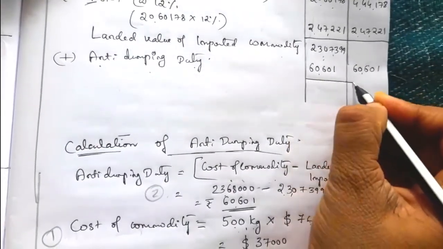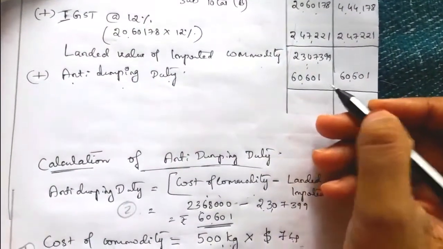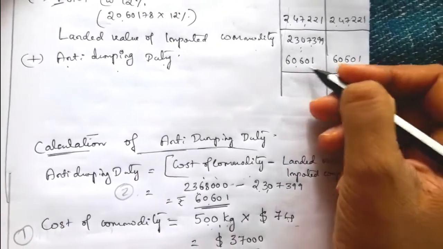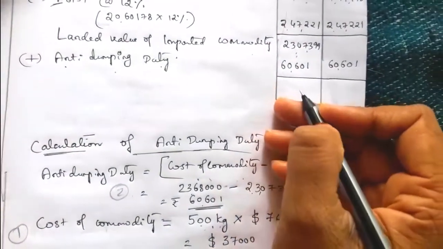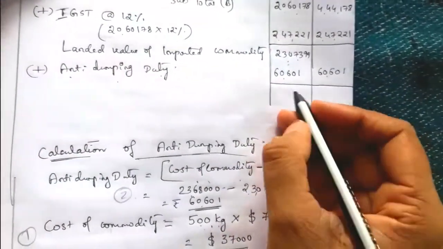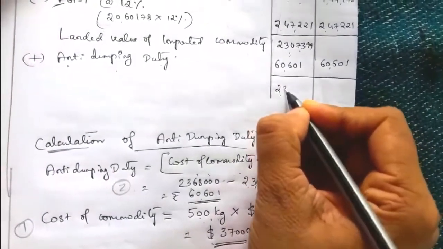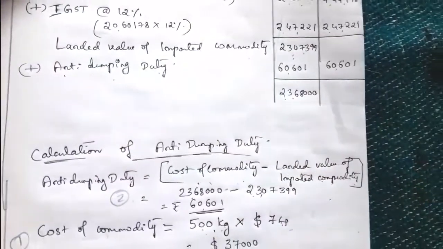So now we have to total. This 23 lakh 7,399 plus 60,601. The total value of commodity imported, or the cost of commodity imported, is nothing but the same answer we will get, that is 23,68,000 is the cost of commodity imported.